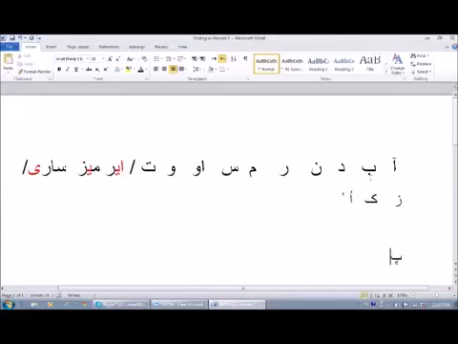B like brother, like boy, P like Peter, like pencil, and so on. This is connective, and therefore when you want to connect it, this little spot will be deleted, and then it stands on the line. Therefore, we connect it to the following letter.